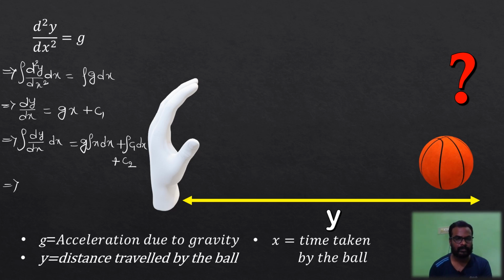If you apply integration to the first derivative, you get the dependent variable y equal to g times x square by 2 plus c1 x plus c2.